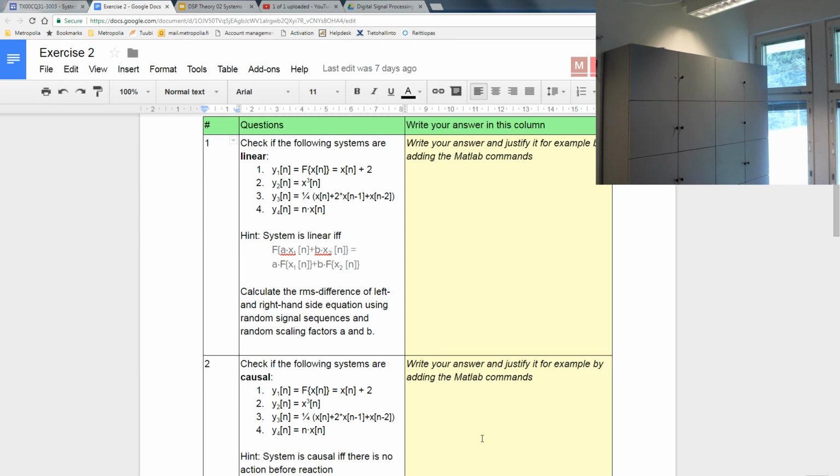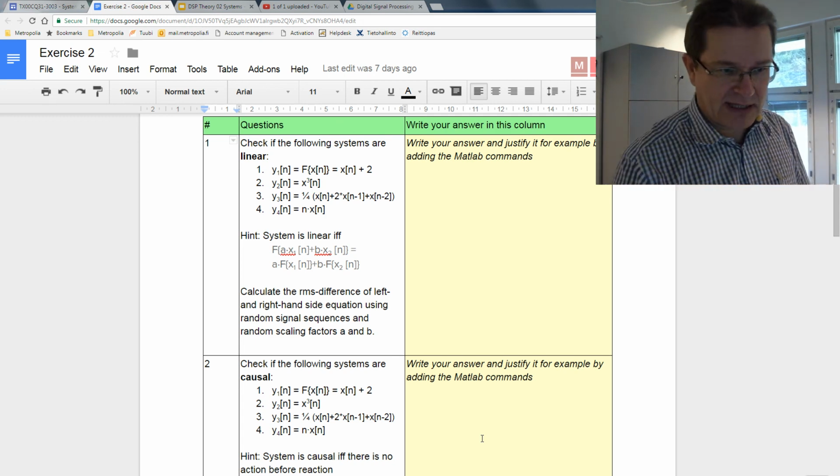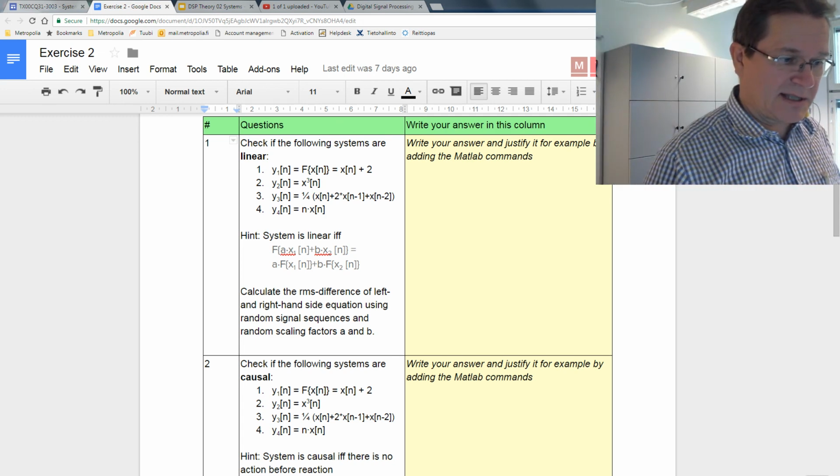The question is, are these two outputs the same? And in Matlab, that is quite simple to test.